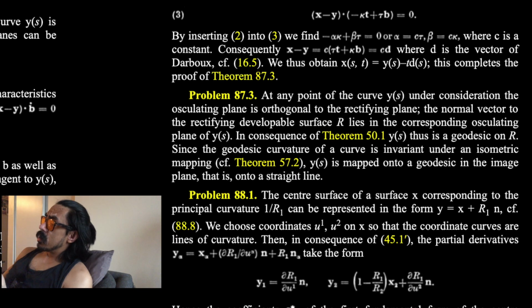In consequence of theorem 50.1, vector y of s, thus, is a geodesic on the rectifying developable surface capital R. Since the geodesic curvature of a curve is invariant under an isometric mapping, we can refer back to theorem 57.2, vector y of s is mapped onto a geodesic in the image plane, that is, onto a straight line.